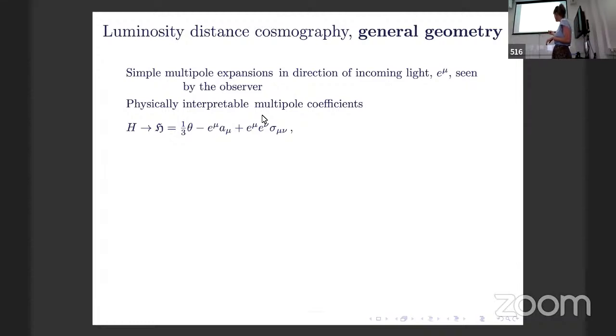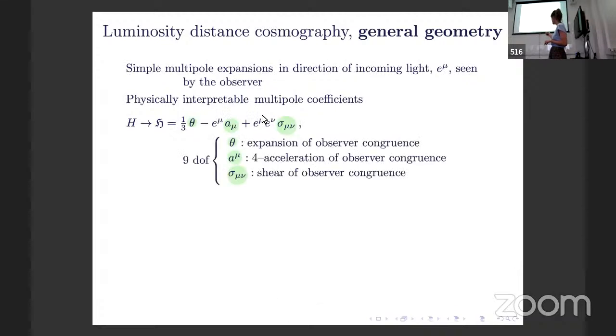And when we do the series expansion of the effective Hubble parameter, we find that the monopole term theta here describes the isotropized expansion of space around the observer. So this is a very natural generalization of the FLRW Hubble parameter. This is what the Hubble parameter is telling us about in FLRW physics, how space is isotropically expanding.